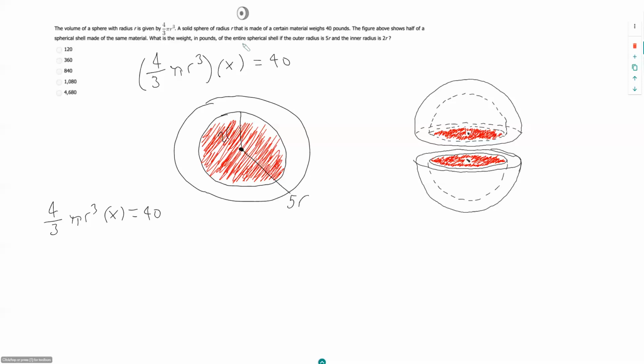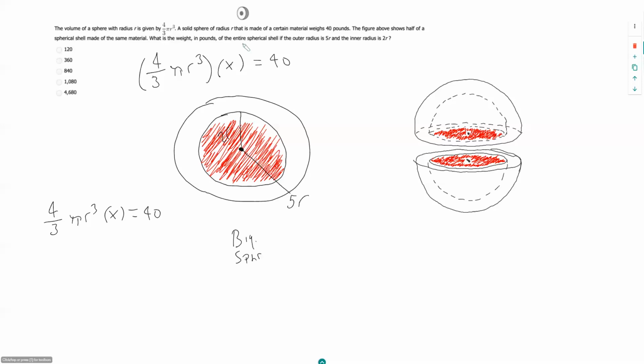I don't think entire is necessary, and in fact it makes this very confusing. So if we want the shell itself, we've got to find the volume of the whole thing, the shell plus the sphere, and then subtract out the middle sphere. And we've got to find not just the volume, but the pounds of each of those.